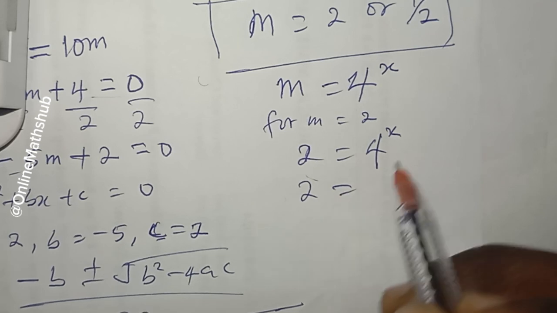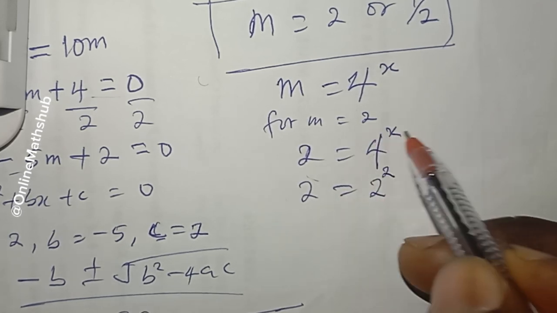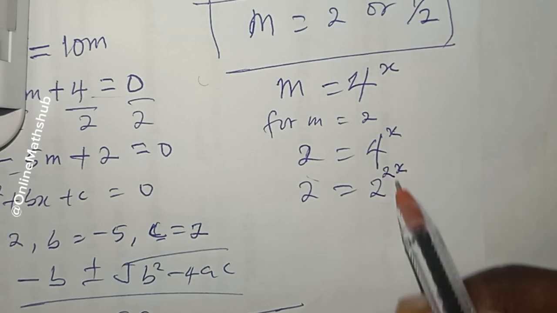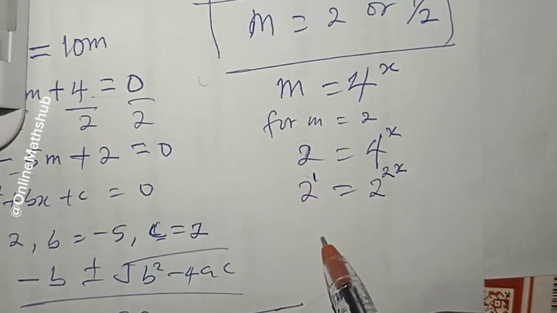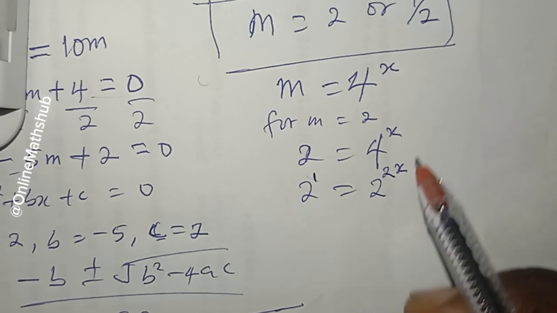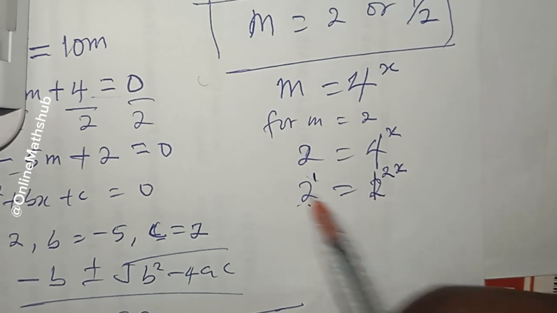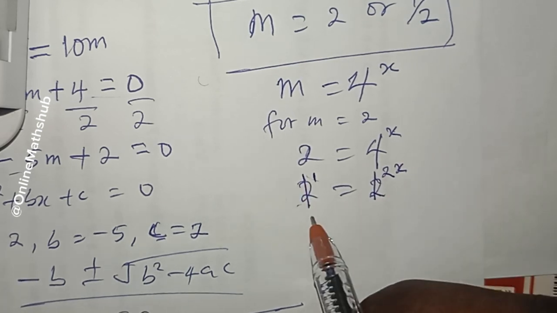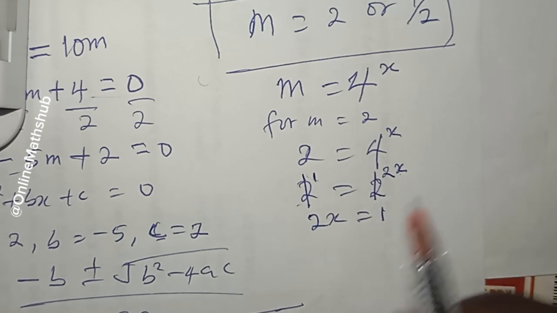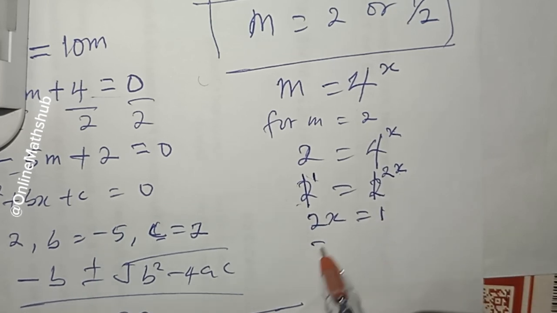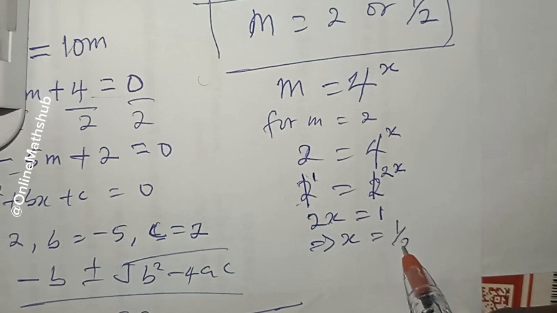Okay, so 2 is equal to, I can write this 4 as 2 power 2, and then the 2 is actually going to multiply this x, so that I have 2 power 2x, and then of course this is also power 1. Okay, so since they have the same base right here, I'm going to cancel this base, and then I will equate the powers so that 2x here is equal to 1. Okay, and obviously this implies that our x is equal to 1 over 2.